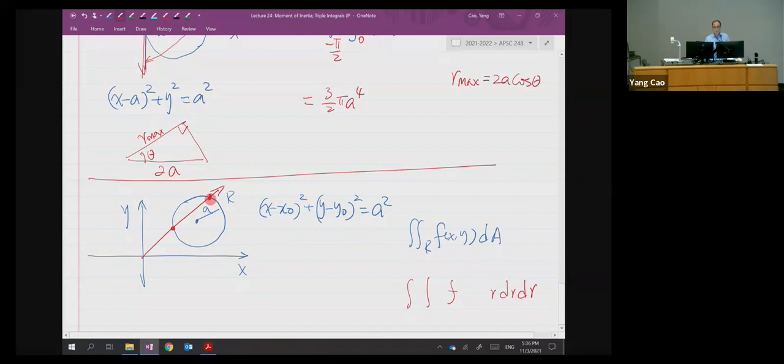So somebody tell me what's R min, R max? Now be careful, raise your hand. Because you can't, right? So bottom line is the polar actually doesn't work.